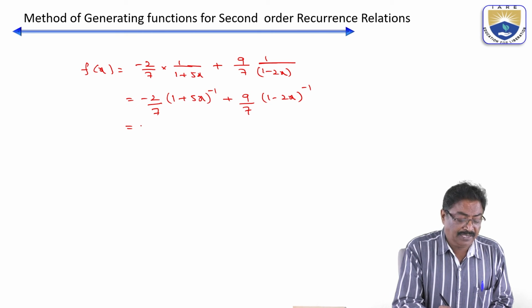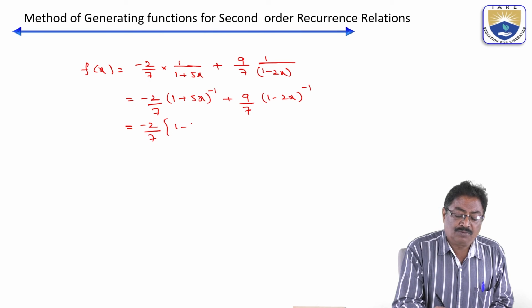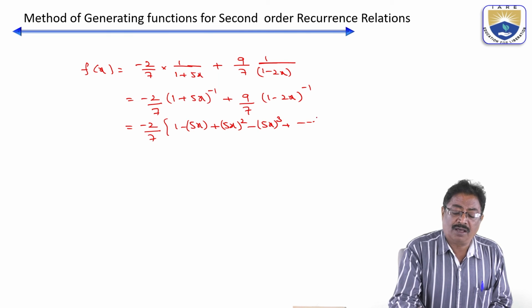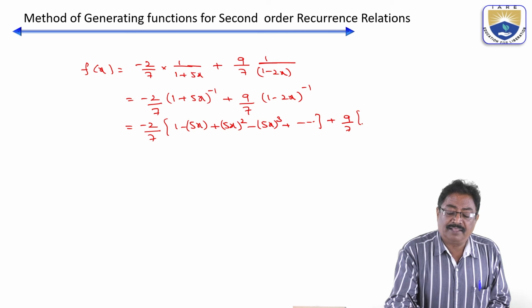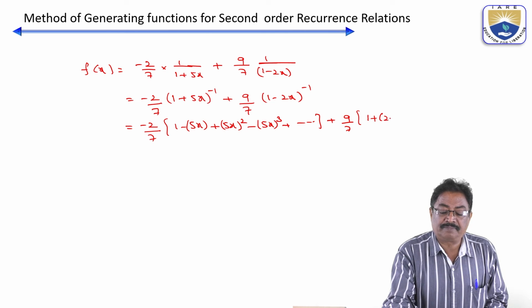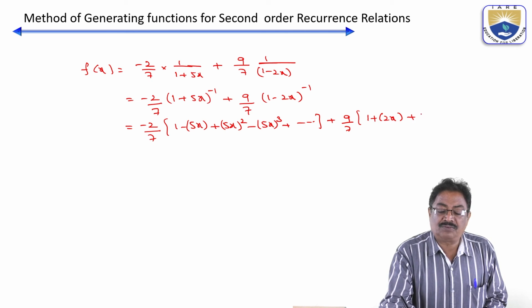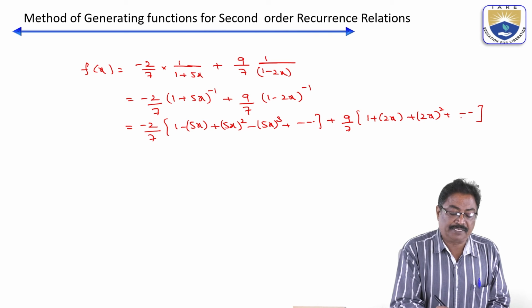Expanding, this is minus 2 by 7 into 1 minus 5x plus (5x) whole square minus (5x) whole cube and so on, plus 9 by 7 into 1 plus 2x plus (2x) whole square, (2x) whole cube and so on.